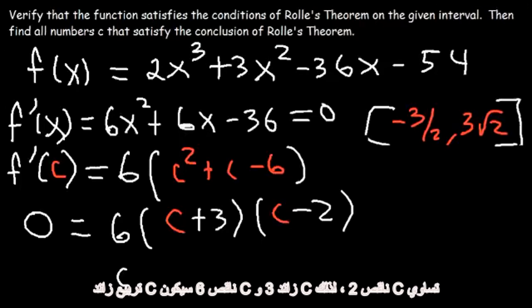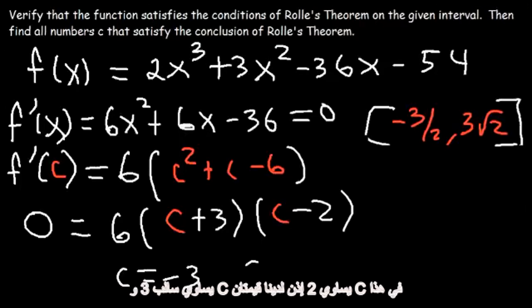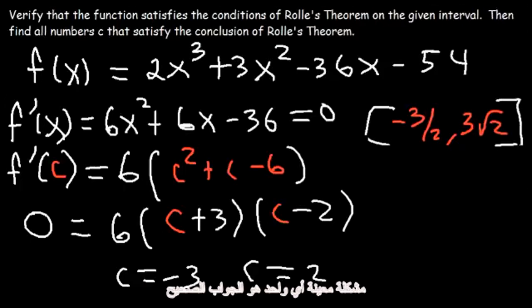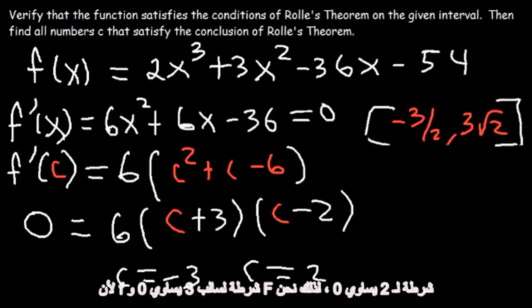So therefore, c is equal to negative 3 and c is equal to 2. So we have two c values in this particular problem. Which one is the right answer? Because f prime of negative 3 equals 0 and f prime of 2 is equal to 0.